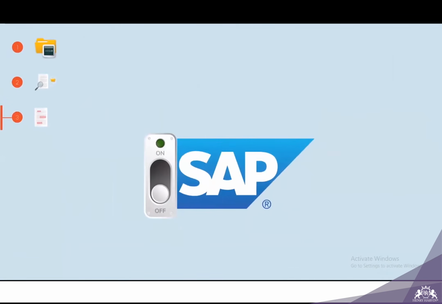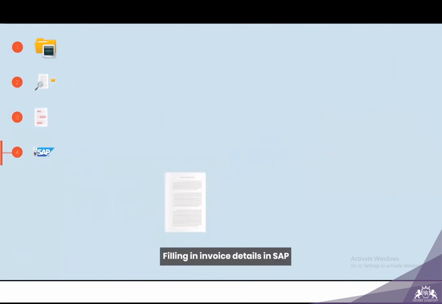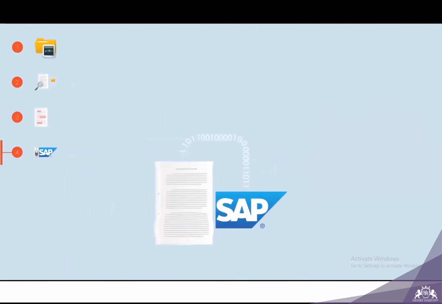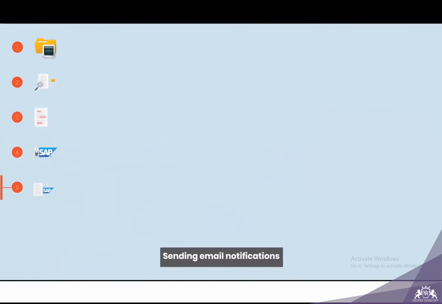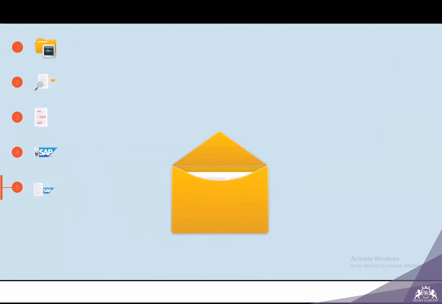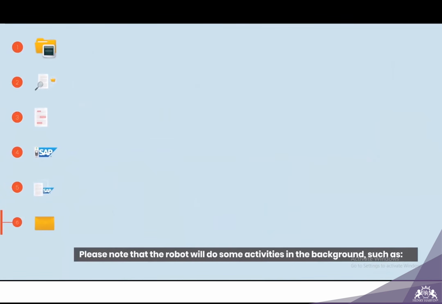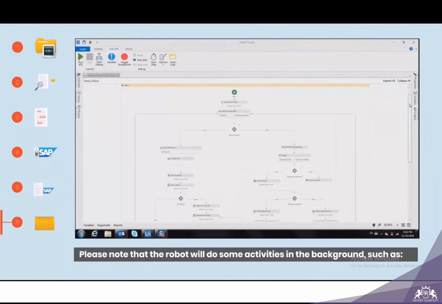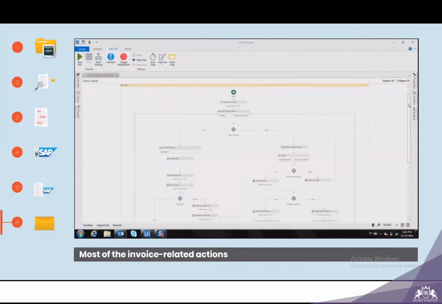Opening SAP. Filling in invoice details in SAP. Sending email notifications. Please note that the robot will do some activities in the background, such as most of the invoice-related actions, monitoring a folder or checking its email address. Now let's see it working.